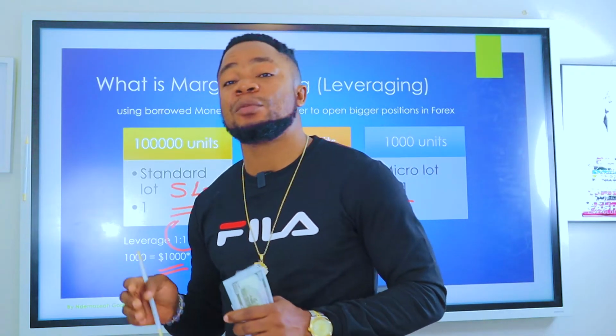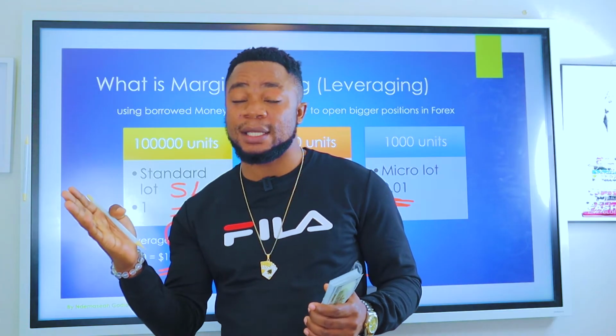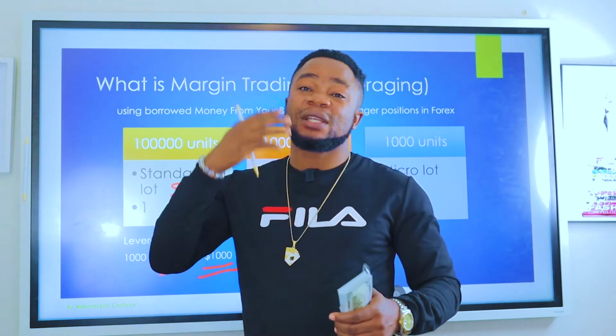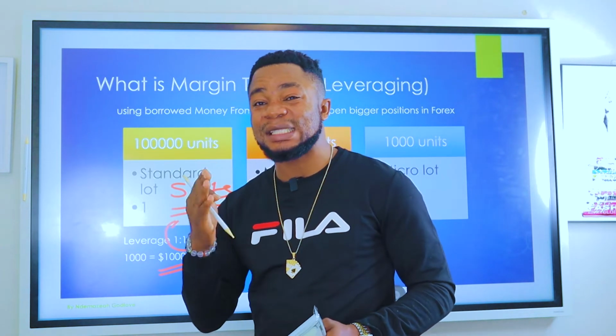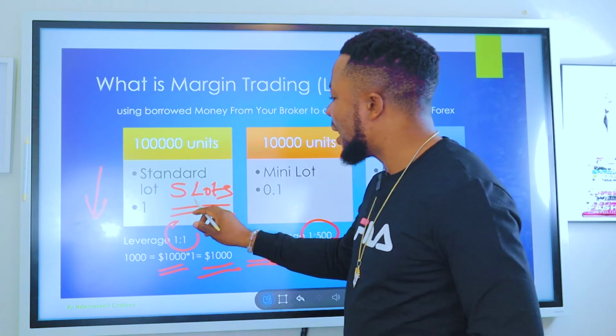But you have to be very careful, because leveraging in Forex is a two-edged sword. If you are still starting, you need to be very careful with leverage, because if you over-leverage your account and the market goes against you, it is dangerous.